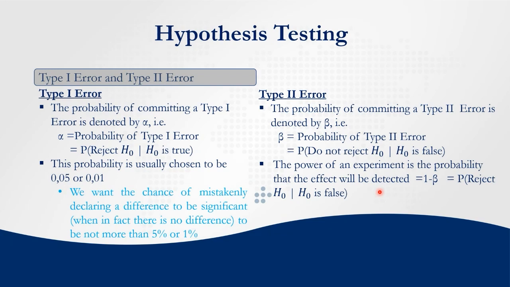When we reject H naught, we are saying the two treatments are not the same. So we want to reject H naught when it is false. That probability is regarded as the power, which is the complement of the type 2 error.